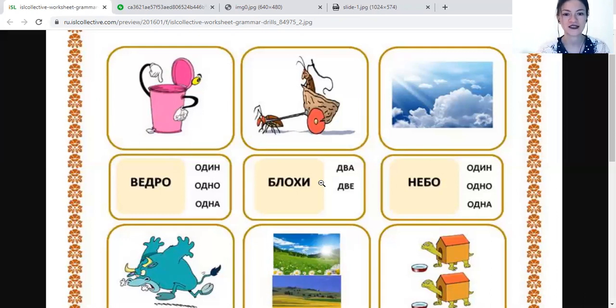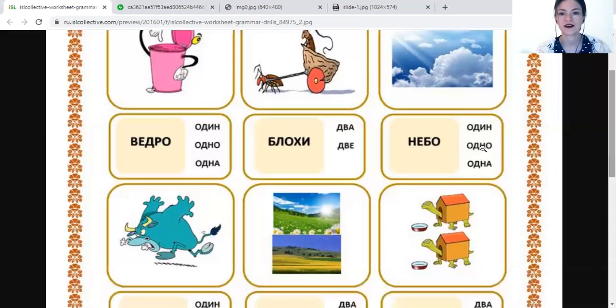Feminine is две, две блохи. Then небо, sky. Небо finishes with o, so neuter. Одно небо.